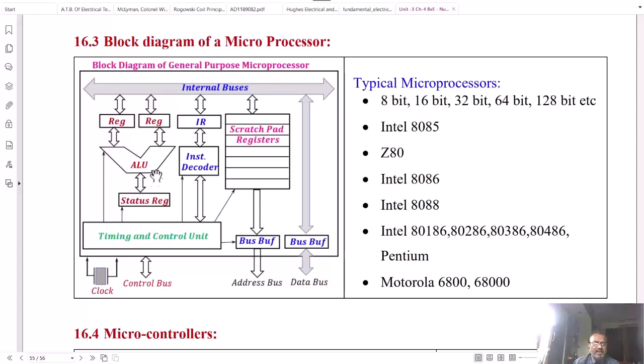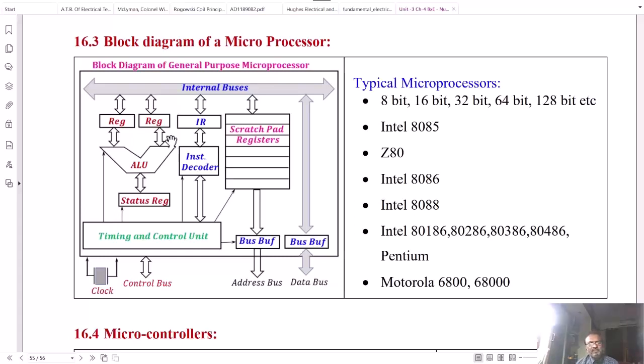A very important section shown here is the arithmetic logic unit. The central processing unit has an arithmetic and logic unit, and most of the time it is basically adder and subtractor circuits with multiple-bit inputs generating multiple-bit output. For example, if your processor is 8-bit, its arithmetic and logic unit can operate on 8 bits at a time, meaning it can provide 8-bit addition and subtraction.